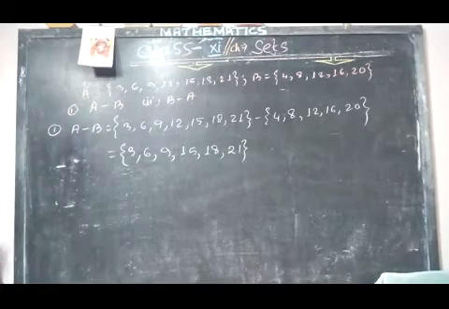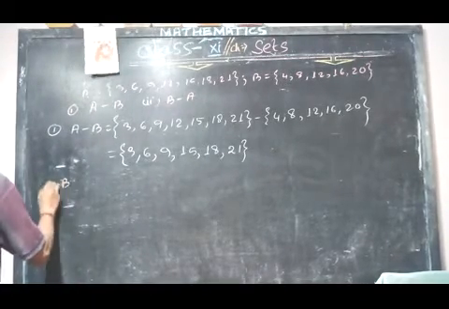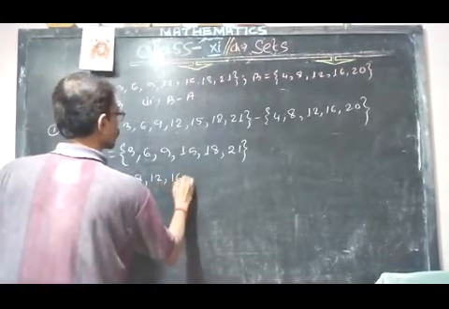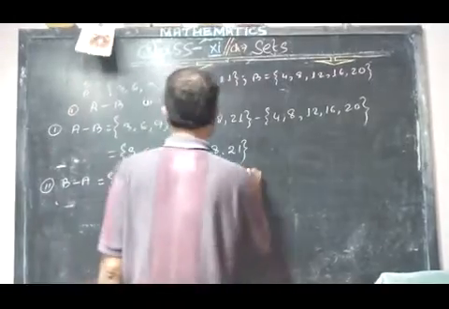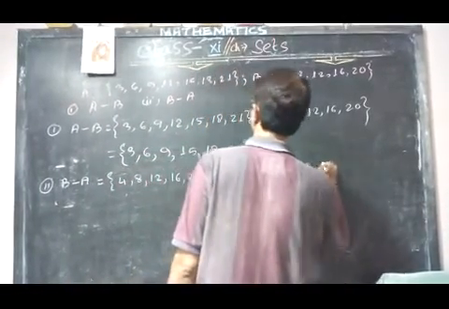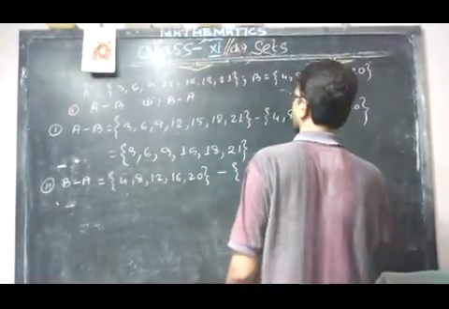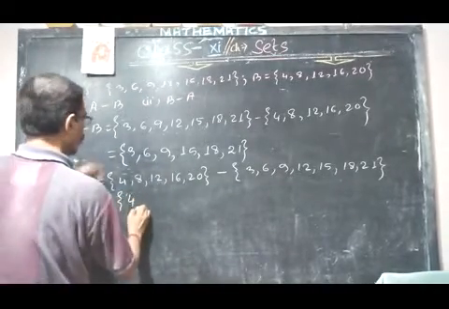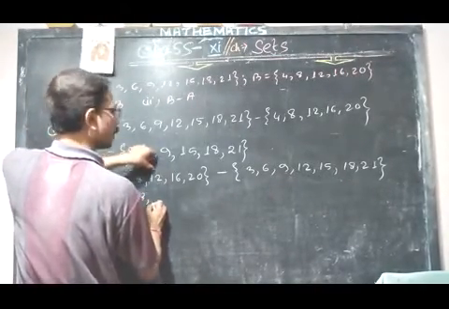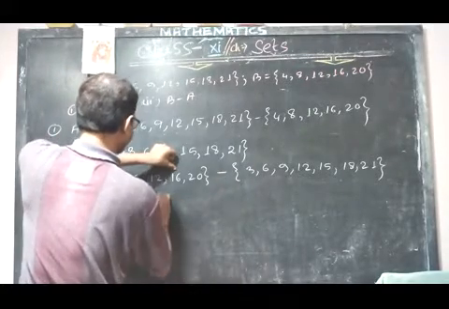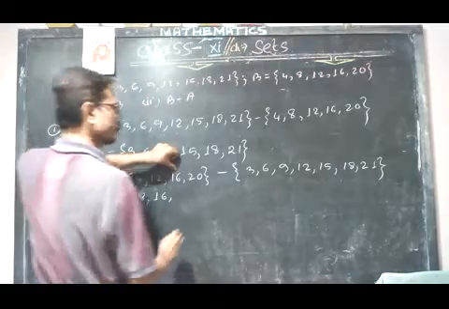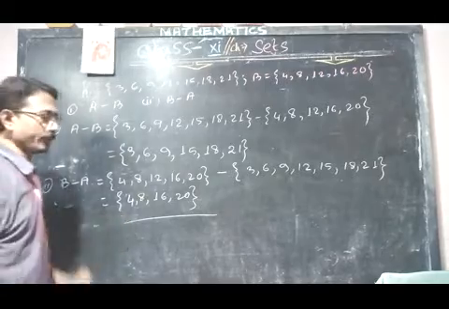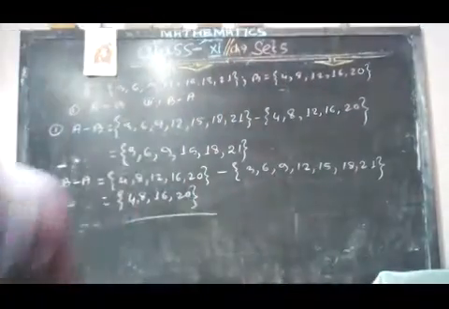It is A minus B. And number 2, B minus A equals 4, 8, 12, 16, 20 as the base set, minus 3, 6, 9, 12, 15, 18, 21, which equals 4, 8, 16, 20, with the common term 12 removed. That is B minus A. I think you understood everybody.